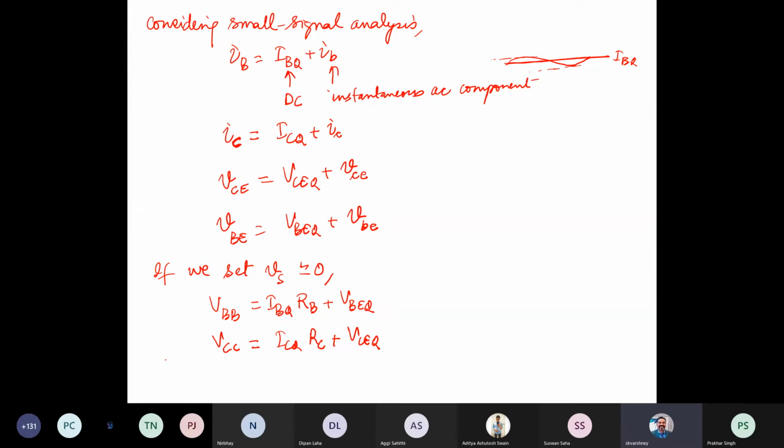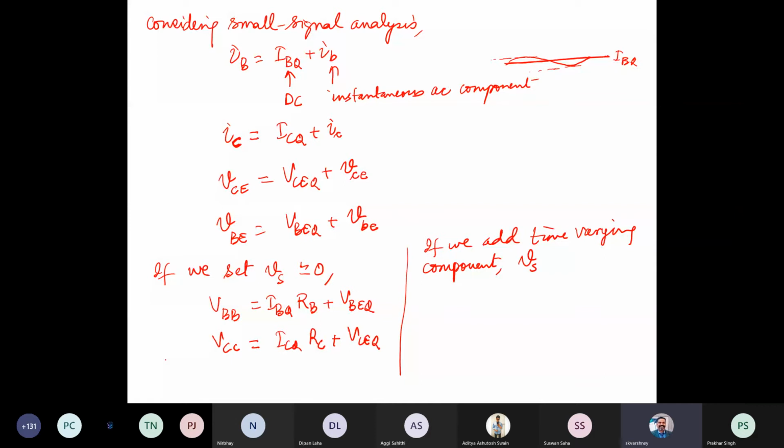Now if we add a time varying component, let's say VS, then we can simply write the change.